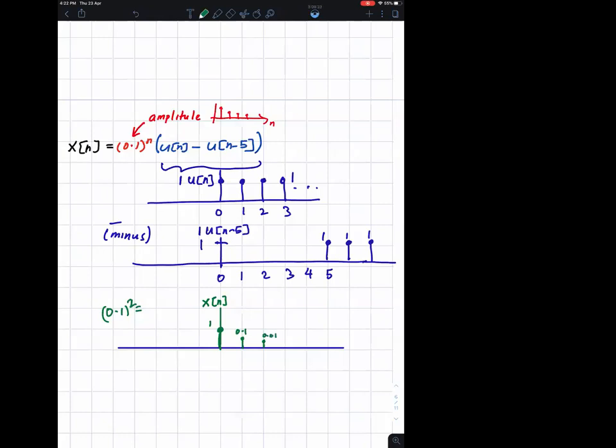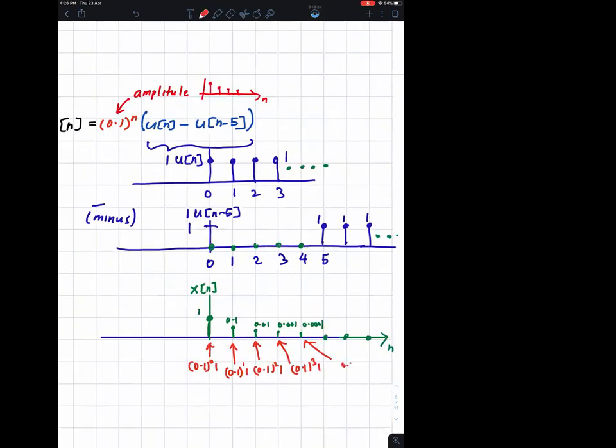Similarly, as you go on, this goes up to infinity. When n equals 4, you get 0.001, which is 0.1 to the power of 4 multiplied by 1.